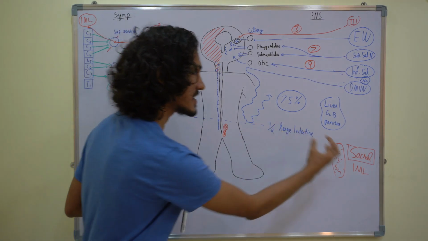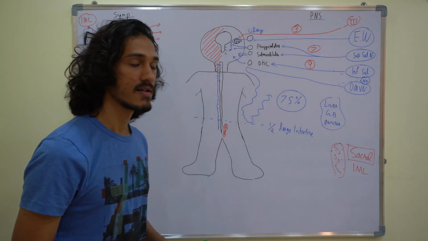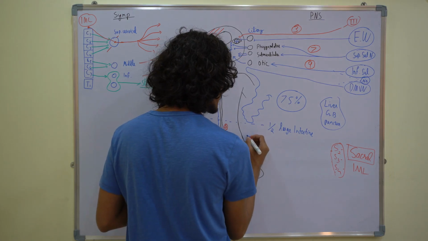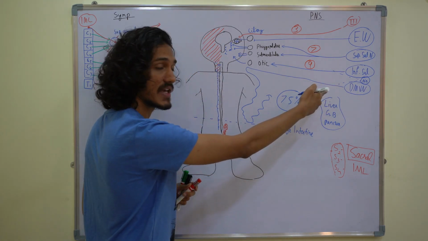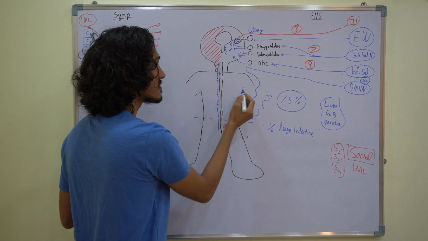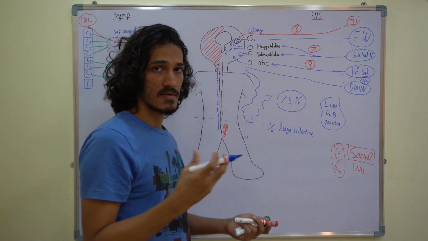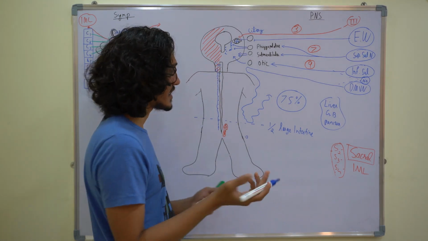Okay, so from these segments, just like here, from the intermediate lateral horn, the fibers are going to arise, right? And they are going to go to some ganglia which is close by. And even the vagus, you should know that because it covers a large part, it is going to go to different ganglia which are close to the tissue or even embedded into tissue, right?